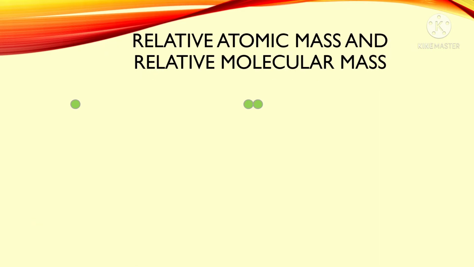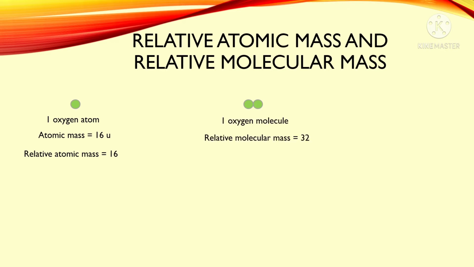What's the relationship between relative atomic mass and relative molecular mass? For example, here, one oxygen atom with atomic mass of 16U has the relative atomic mass of 16. One oxygen molecule with 2 oxygen atoms combined has the relative molecular mass of 32. How do we get the 32?